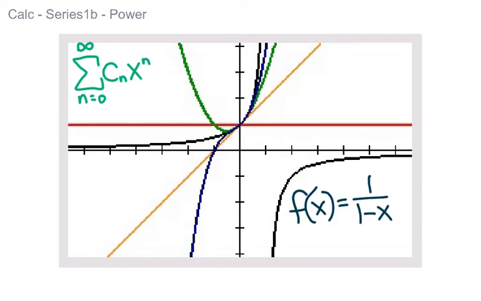I understand that this doesn't mean too much to you right now, and it's pretty difficult to see, but I'd like you to try to focus with me here. I want you to see that there's this space where the quadratic and the cubic function, in this space between 0 and actually a little bit further left, are kind of coming together. All of the curves are together, all the way up, not quite to 1, in this window around the origin. So there's basically what we'd call a center of approximation: if we were approximating 1 over 1 minus x at x equals 0, all of these curves or functions do that well.